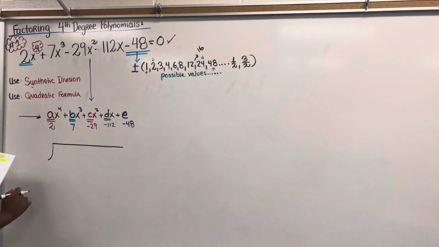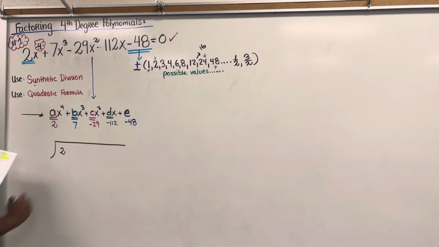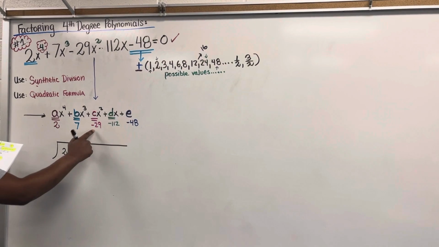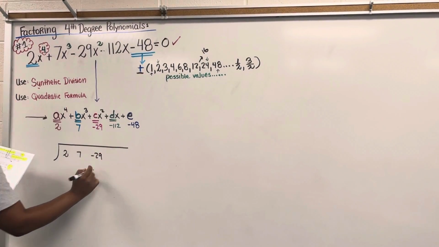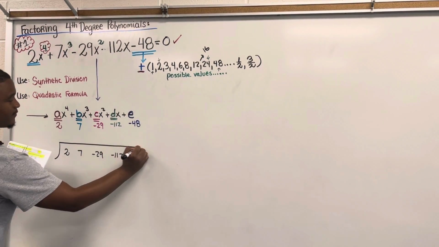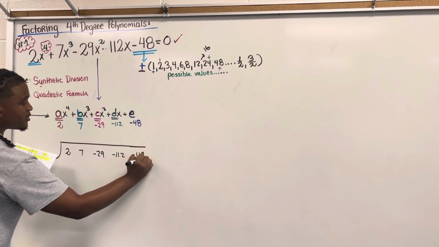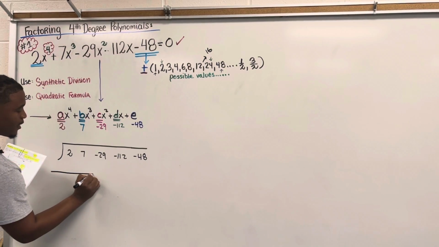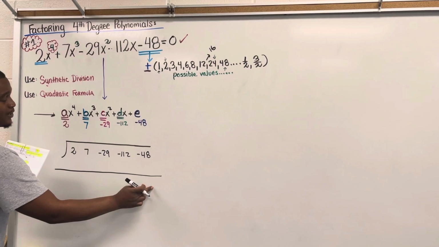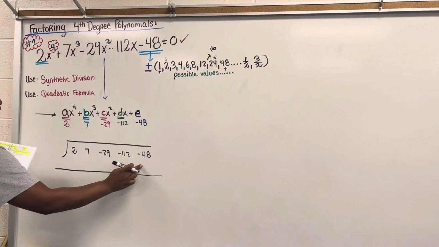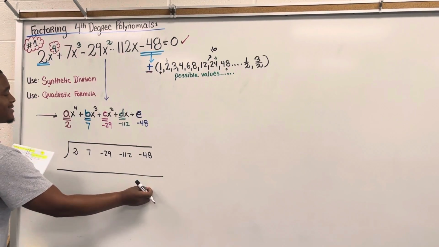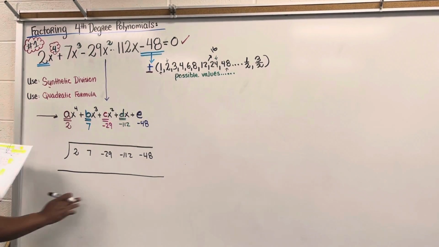I got the 2, I got 7, I got negative 29, I got negative 112, and I got negative 48. So remember, guys, in order for one of these possible values to work, at the end it has to equal 0. Once I get to negative 48, whatever I'm adding or subtracting from negative 48 has to equal 0. If it does not equal 0, then it does not work.